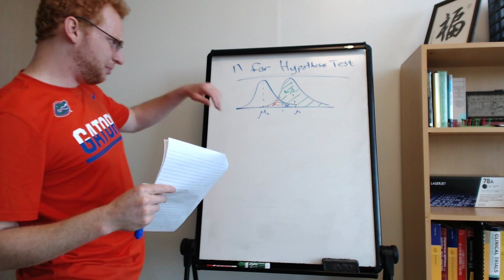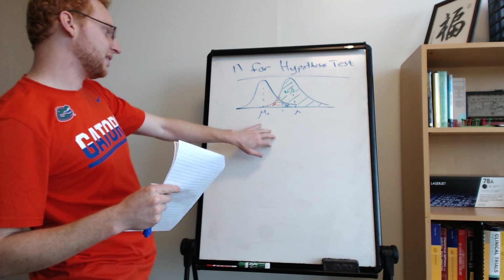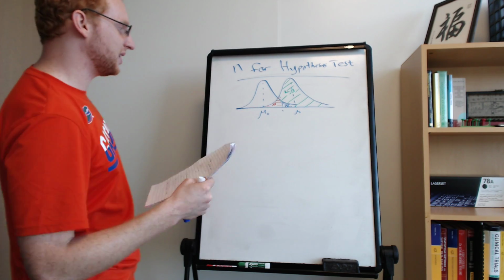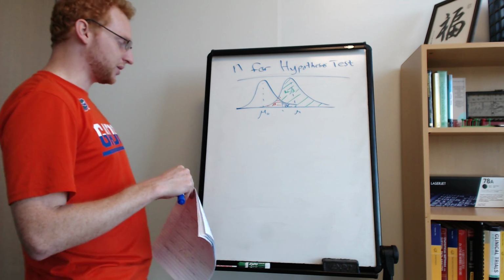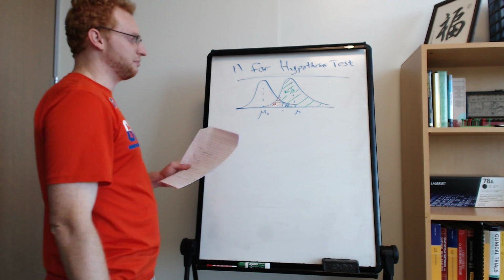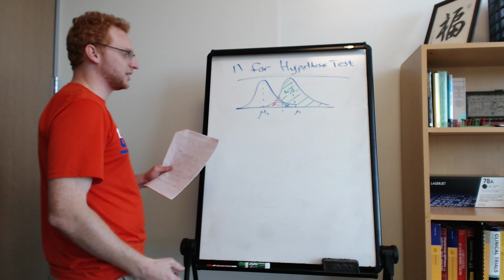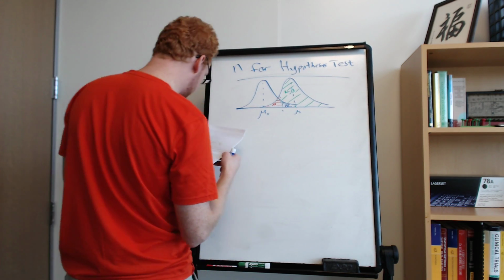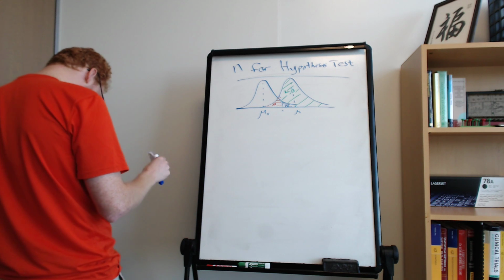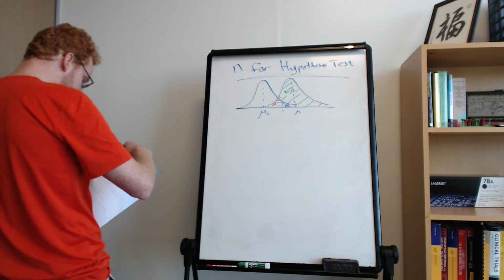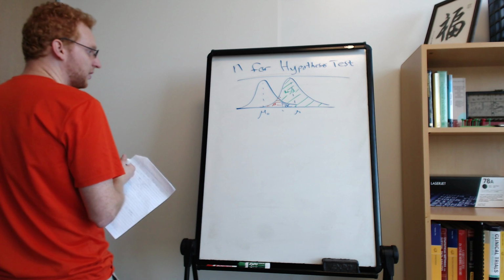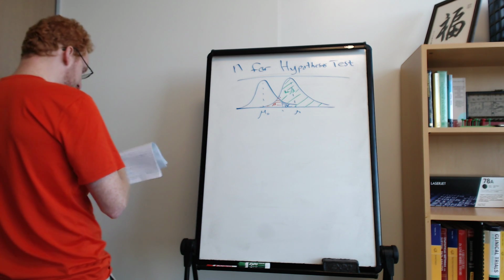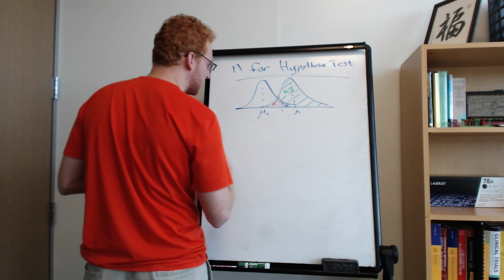And we have beta. So under the null, alpha is the probability of rejecting the null when the null is true. And beta, under the alternate, is the probability of failing to reject the null when the alternate is true. So we define a location C as the critical value.